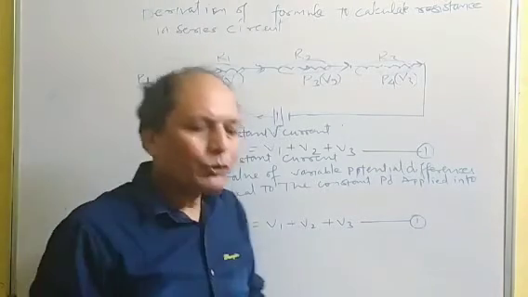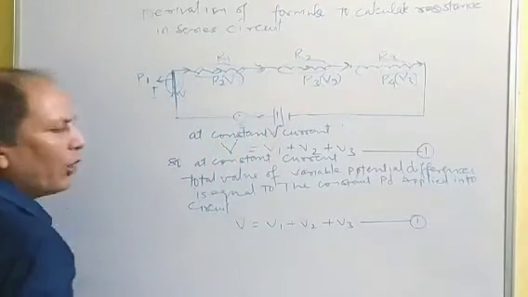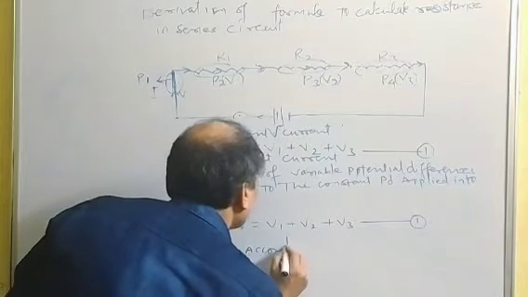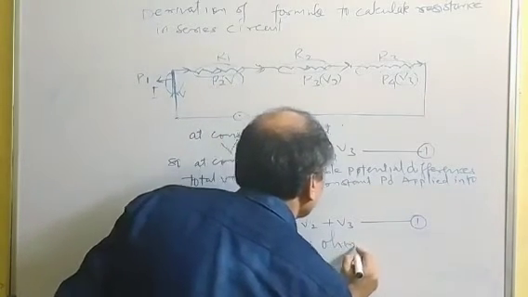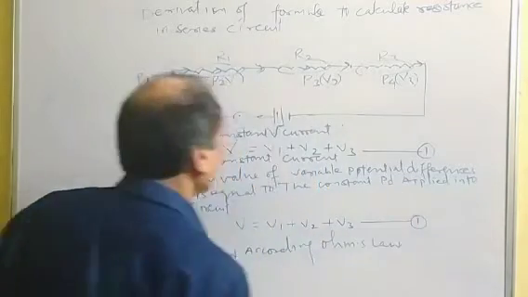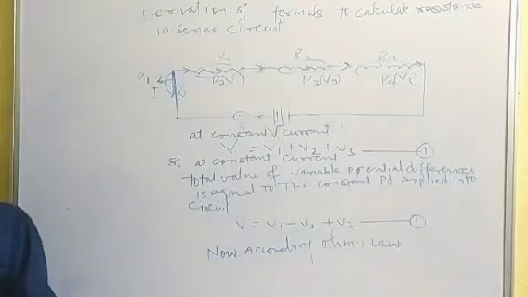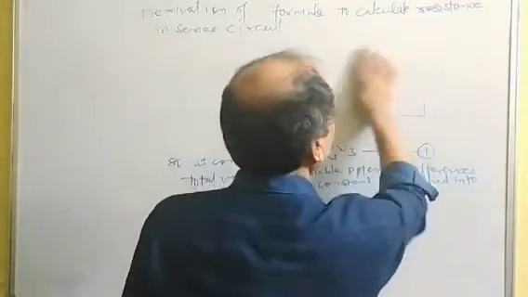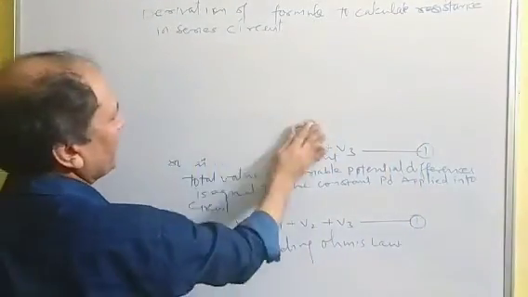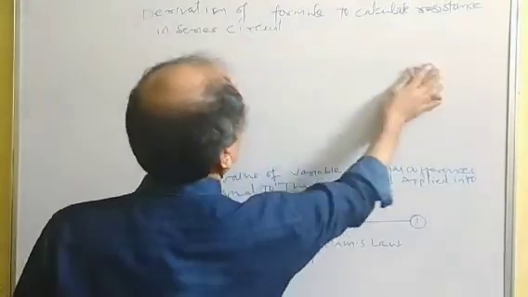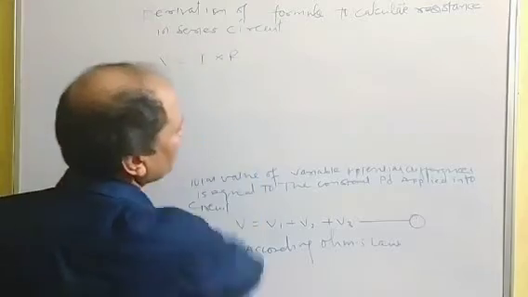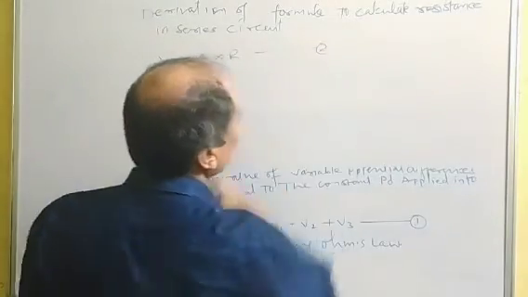Now, clear? So now according to Ohm's law, it happens that V equals I into R. Suppose equation 2.